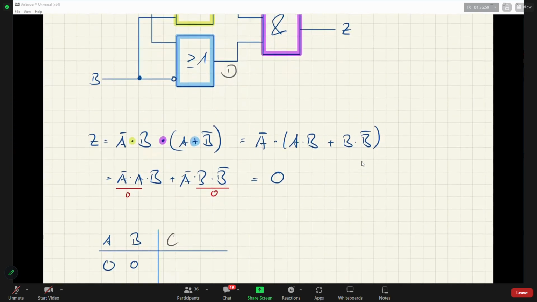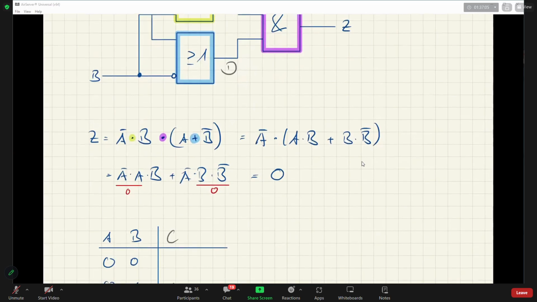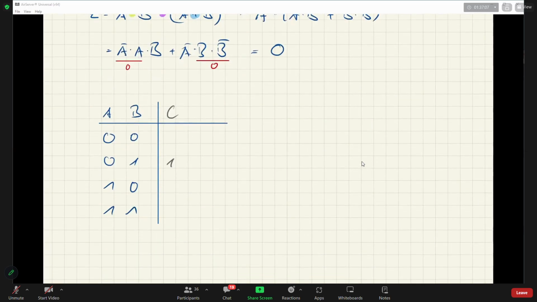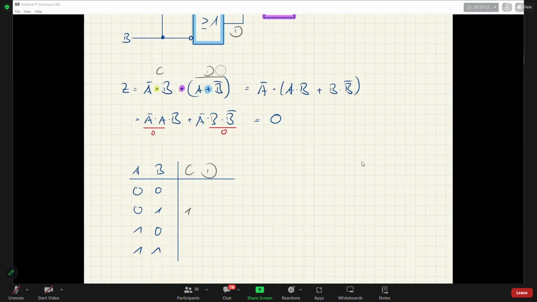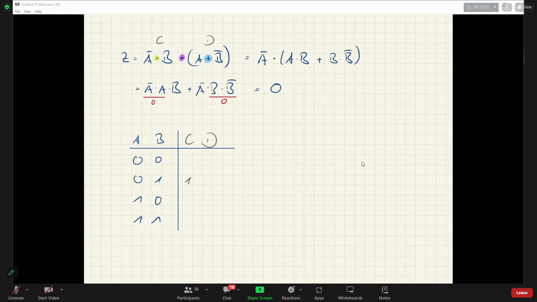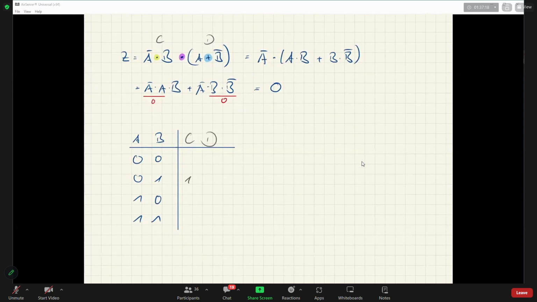Sorry, so that's D and that's C. So A or B not. And now, finally, our output is C and D. And that's a constant 0.